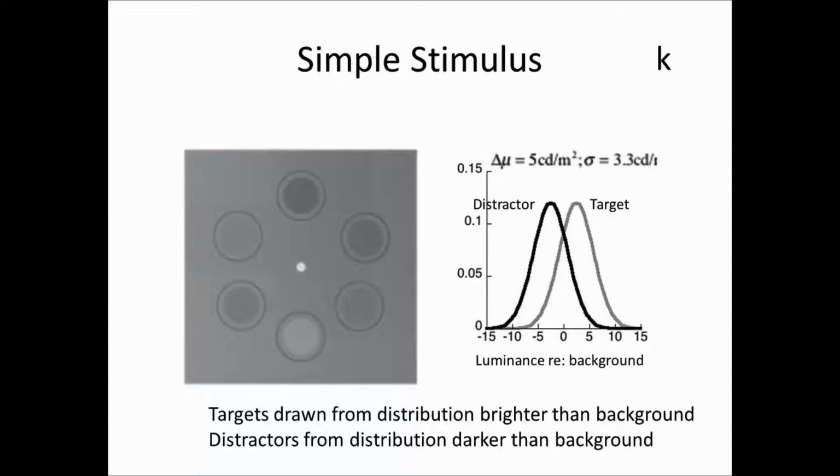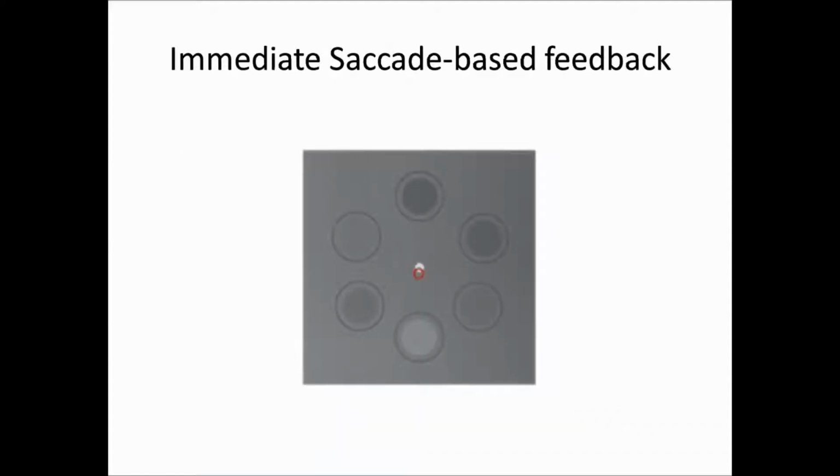The question is, can observers go here, and how do we make this useful for their eye movements to go there? So what we did is this. They started there. They saw this display. These are the most uncertain locations here.